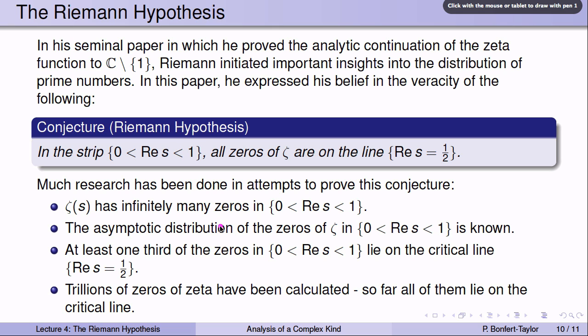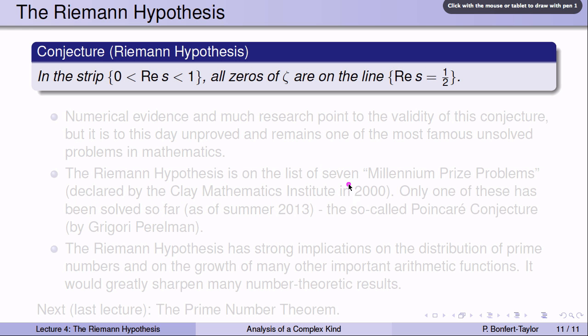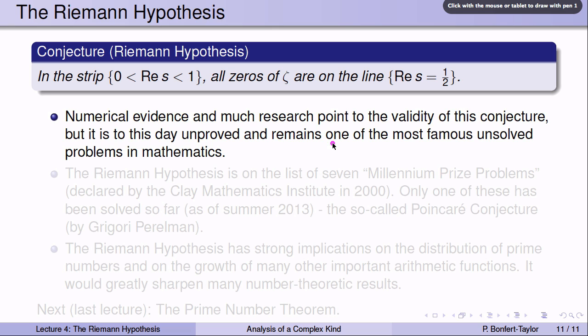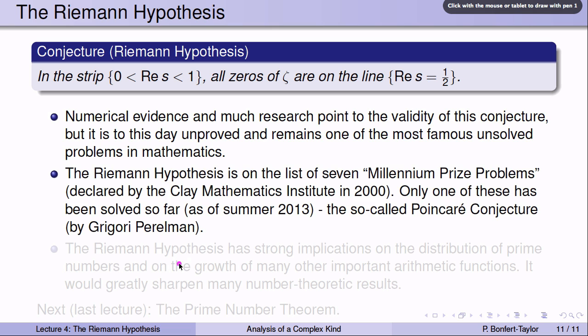It could be that once you get to a few higher powers, all of a sudden you find a zero that's not on the critical line. So none of these are proofs of the Riemann hypothesis, though they strongly point toward its veracity. So numerical evidence and much research point to the validity of the Riemann hypothesis, but it is to this day unproved and remains one of the most famous unsolved problems in mathematics.